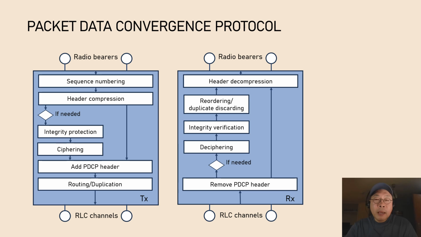The layer then handles reordering and duplicate discarding, and finally performs header decompression before delivering the data to the upper layer. In short, this flow ensures that PDCP maintains both secure and orderly data transmission in the user and control planes.